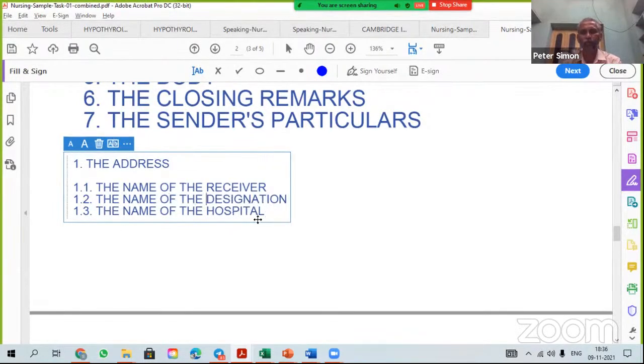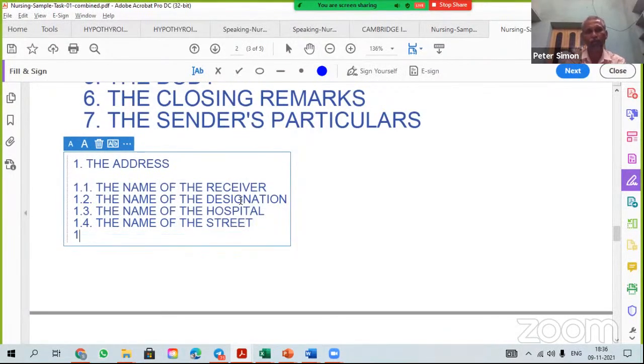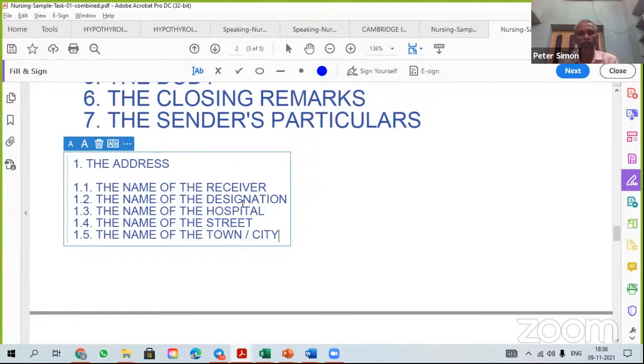All are names here. 1.4, the name of the street. 1.5, the name of the town or city. So 5 different things we have here, and we are going to find them now.